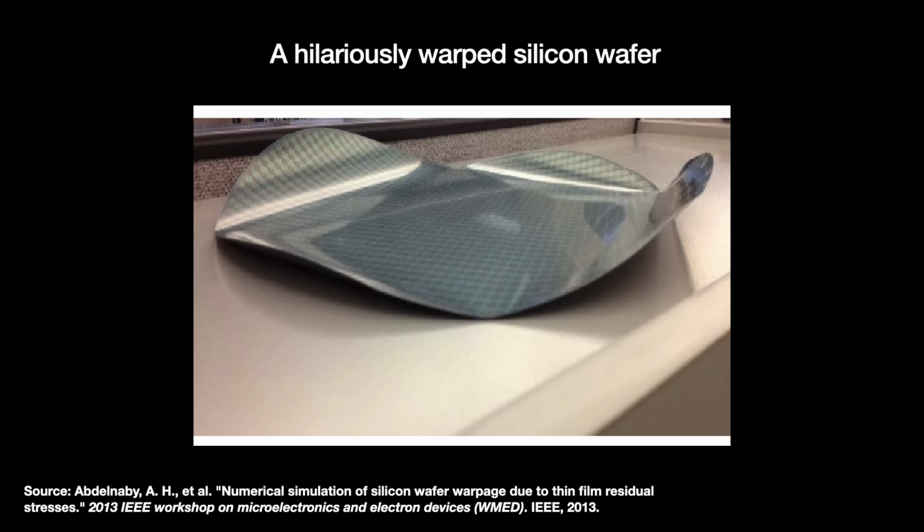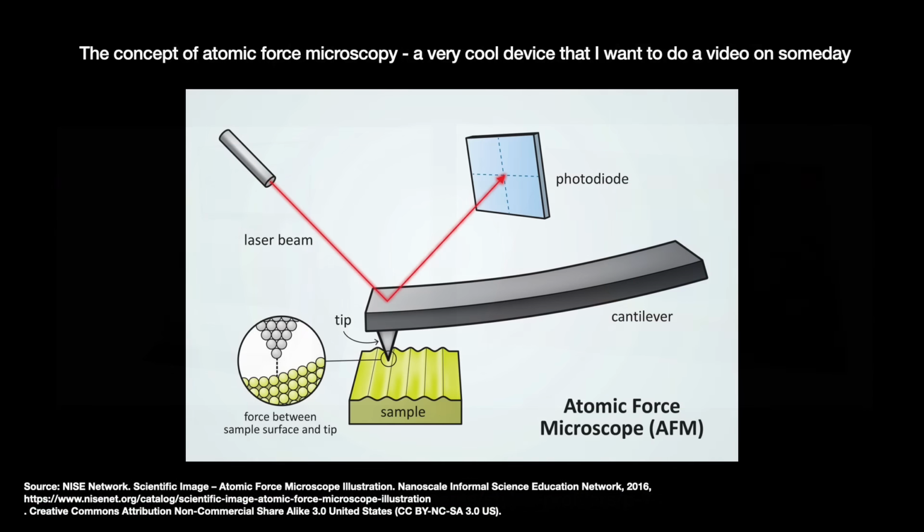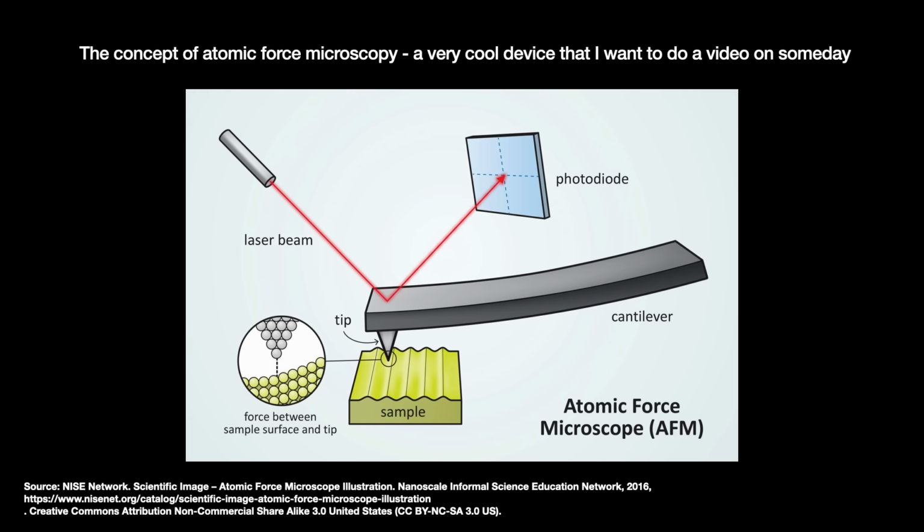This is commonly done using a tool called the stylus profilometer, or profiler. It is like a finger with a very small diamond tip, and we drag that across the wafer's surface many times back and forth to create a 3D picture. The way it works kind of reminds me of an atomic force microscope, itself a very cool piece of kit. Non-contact methods based on lasers and capacitive sensing do exist, but tend to cost more.